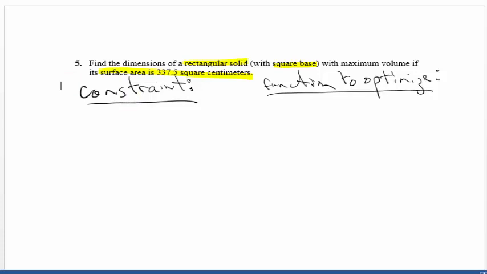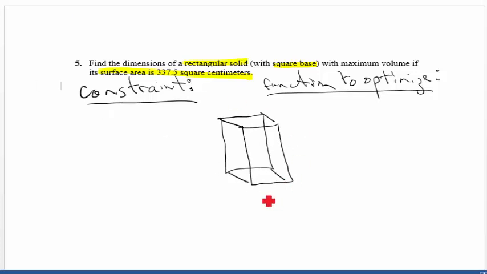centimeters. Now, a box, right, a rectangular solid, a box would look something like this. Where you'd have your dimensions, length, width, and height, right? So in general, the surface area of a box is going to be a top and bottom.